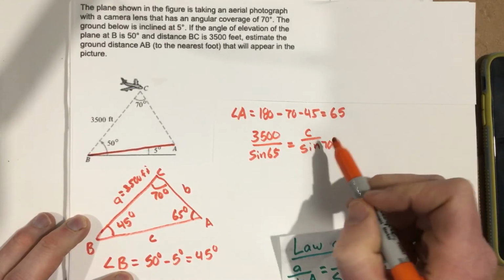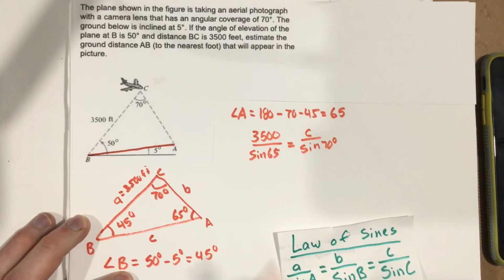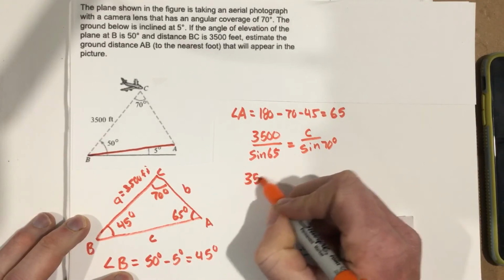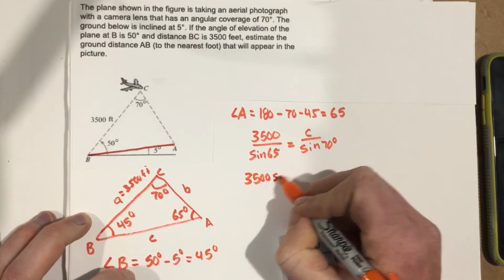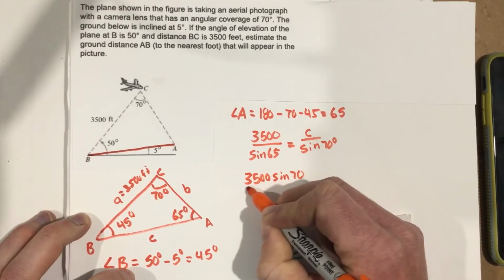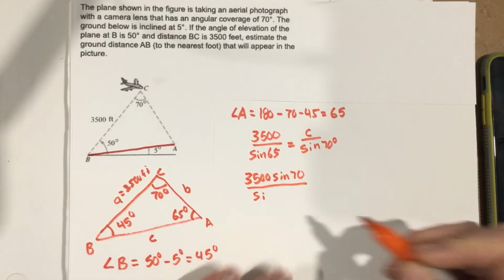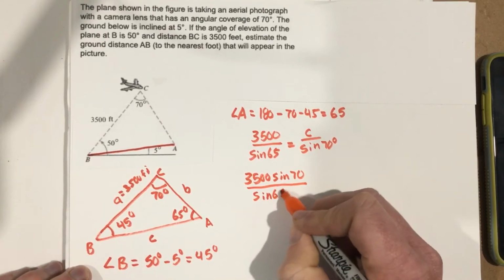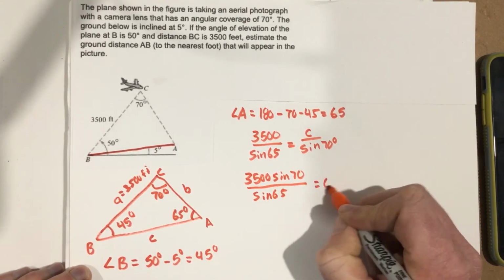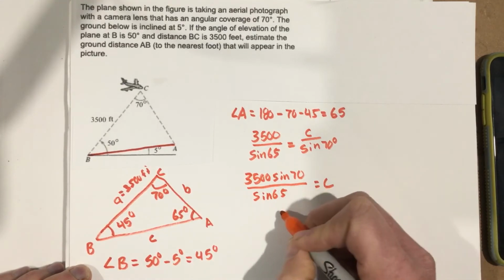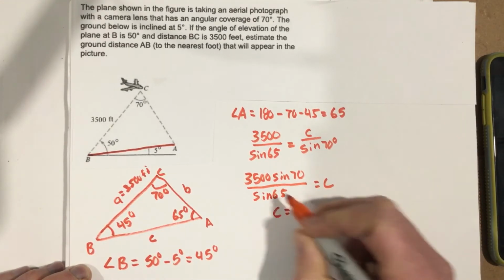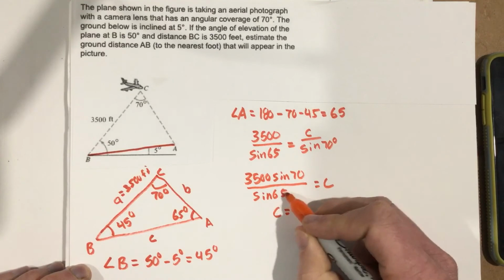So we want to multiply sine 70 over, so that's 3,500 sine 70 over sine 65 equals c, which means that c equals 3,500 sine 70 over sine 65.